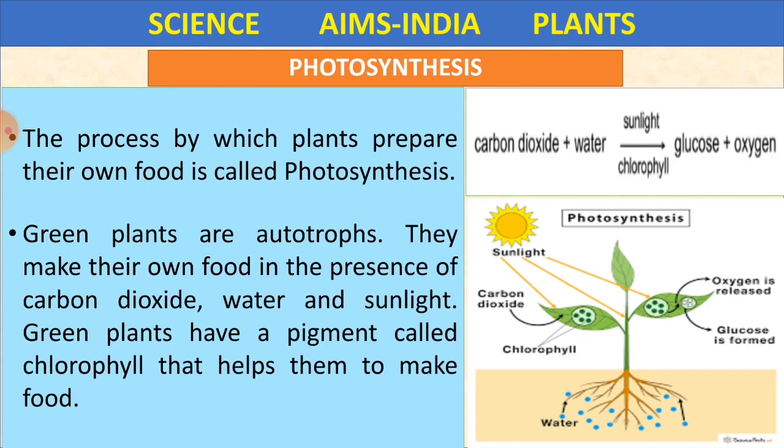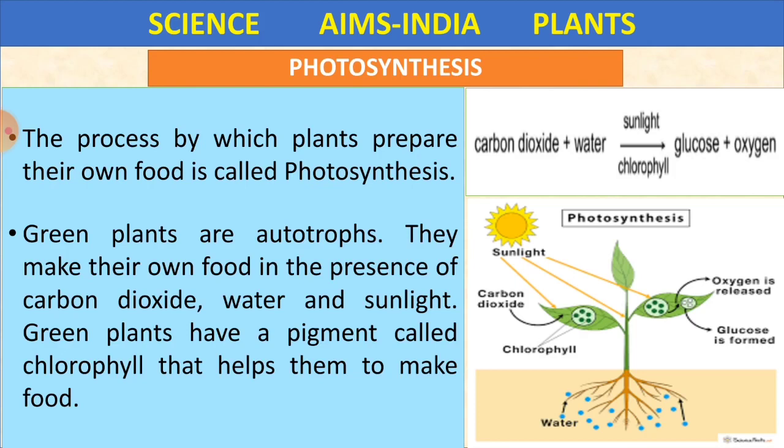So that is why we say that plants need sunlight and water. Without this, plants cannot survive. Why? Because they will not be able to make food. They need three: the gas which we cannot see, water and sunlight.